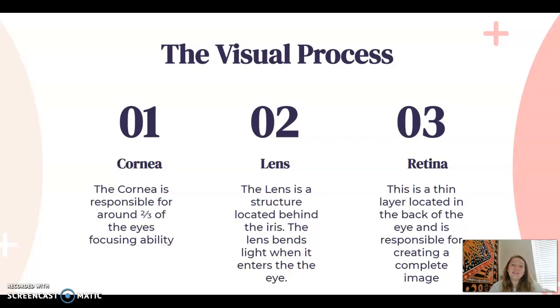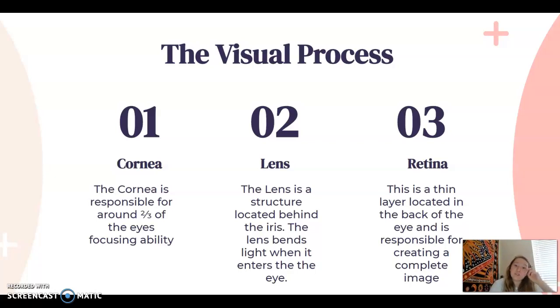The process of that is first, your cornea is going to contract or relax depending on if things are further away or up close. Your cornea is responsible for about 2/3 of that focusing ability. The other part of it would basically be the muscles in your eye contracting. So that's where your other 1/3 comes from.